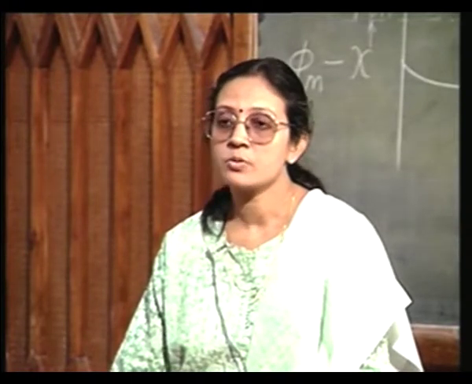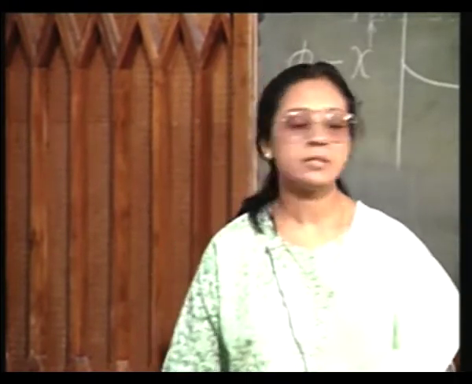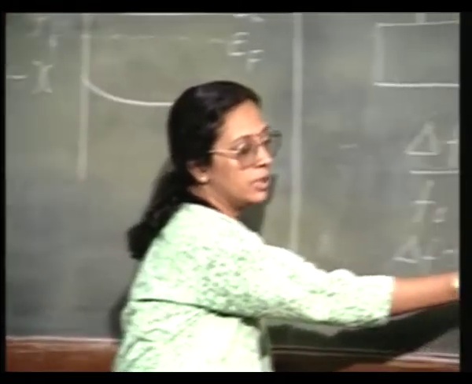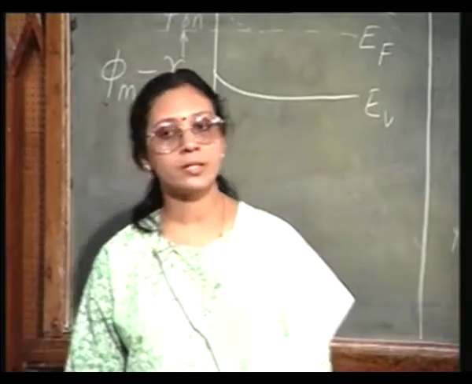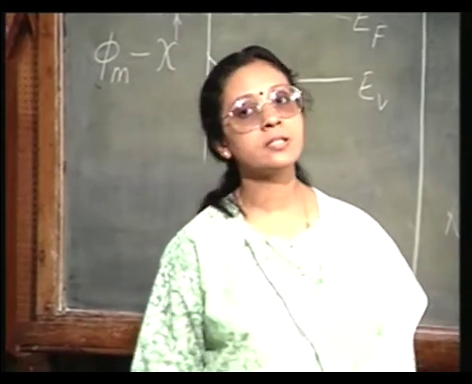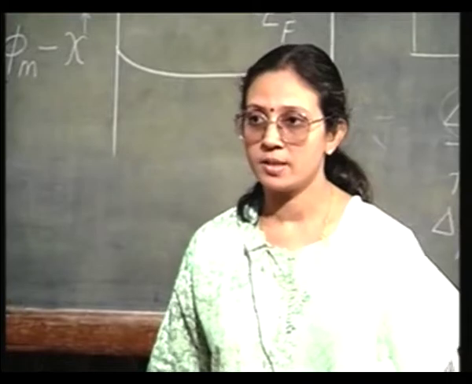And by suitably calibrating, I know the amount of metal deposited on the quartz crystal, because this change in frequency is proportional to delta m. So, you know the amount of metal that is deposited on the substrate.